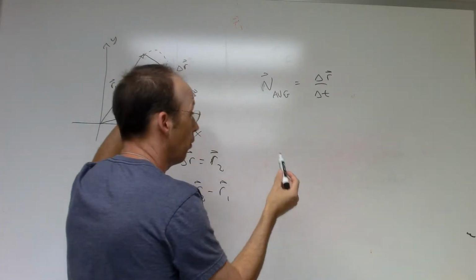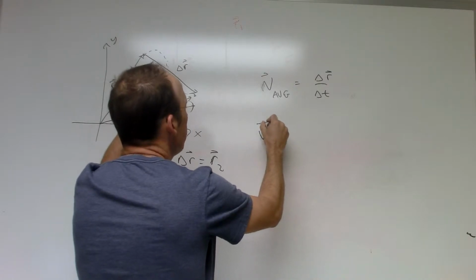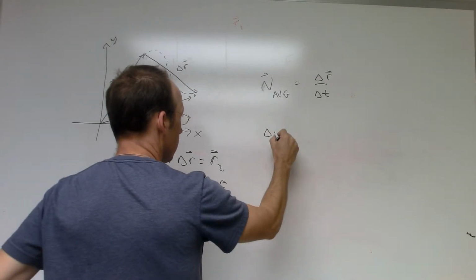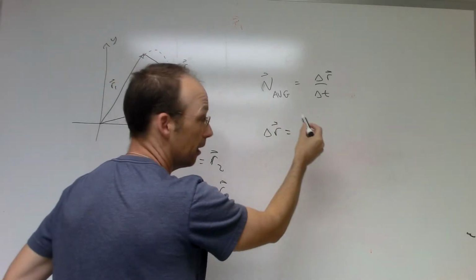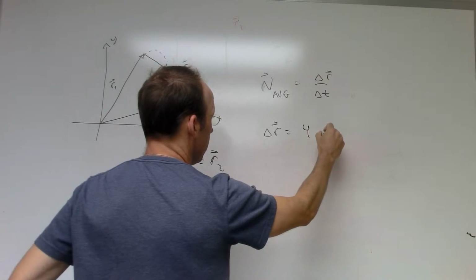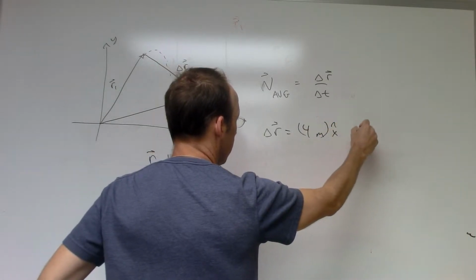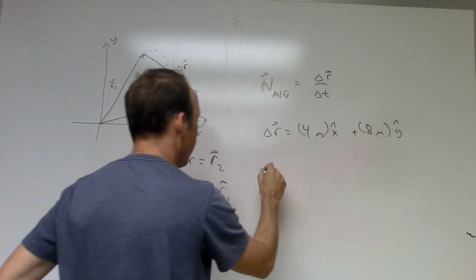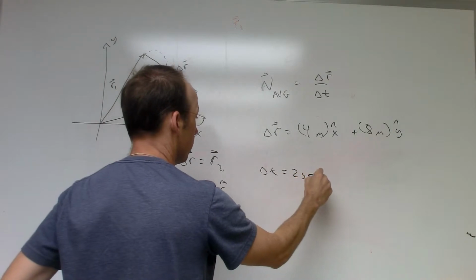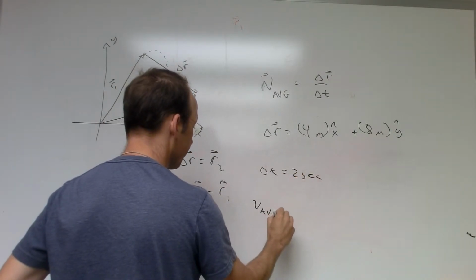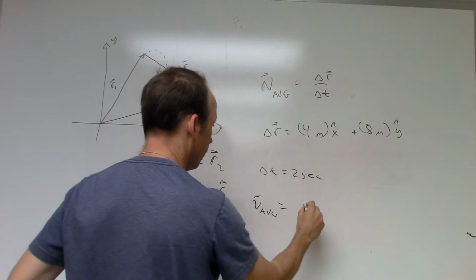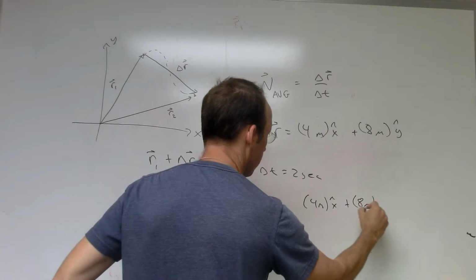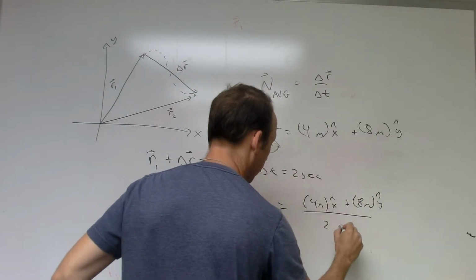Okay. Let me write it as the book writes it. Let's say I have delta R, and I'm just making up something here, delta R is equal to 4 meters x hat plus 8 meters y hat. And then if my delta t is 2 seconds, then average velocity would be delta R over delta t, so it would be 4 meters x hat plus 8 meters y hat, all of that over 2 seconds.